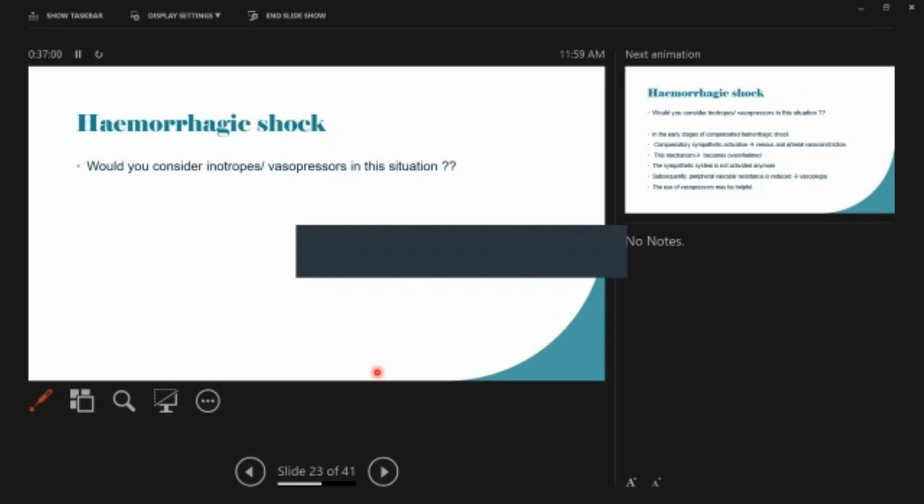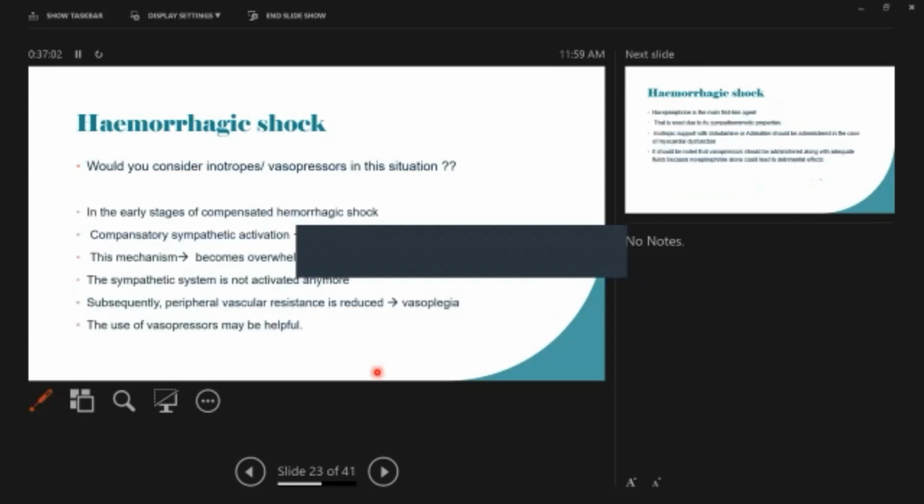Now what they say is you can start vasopressors, because when you're bleeding, your sympathetic system gets activated and then it becomes overwhelmed. After some time it's fully activated and can't activate anymore. In that situation, when your circulating volume is still not enough, you can start an inotrope or a vasopressor in this patient.